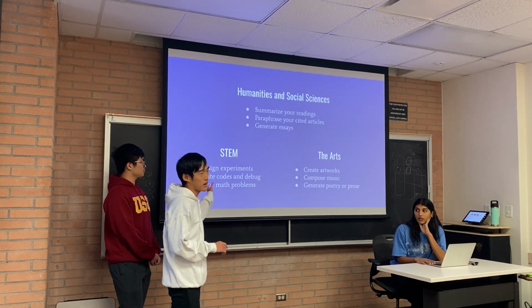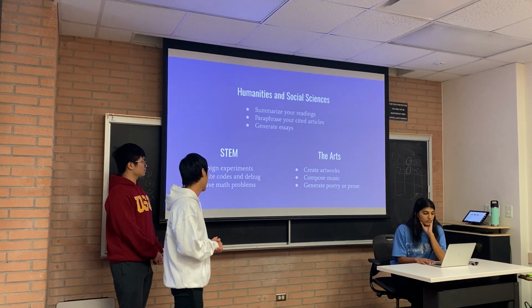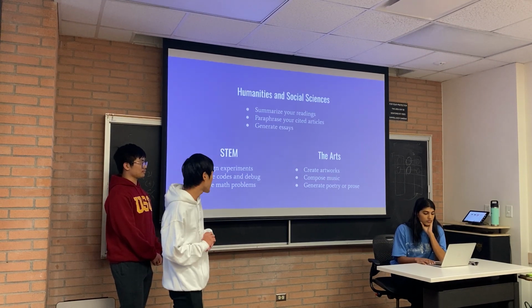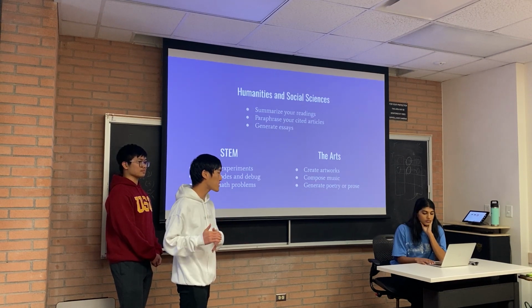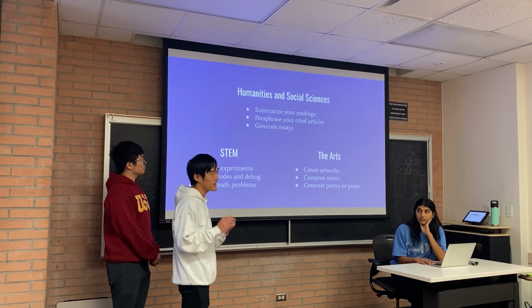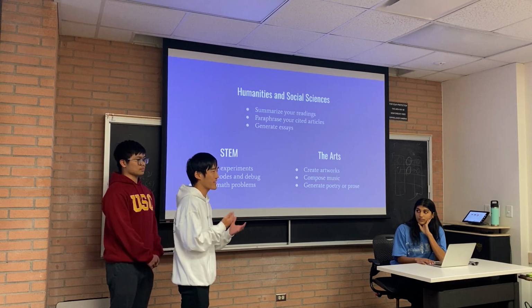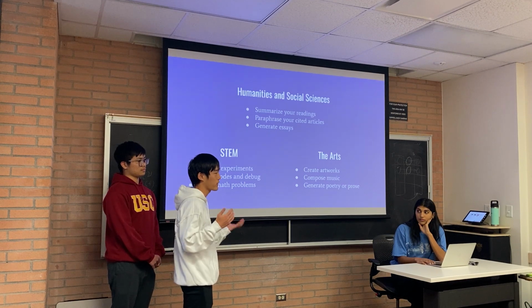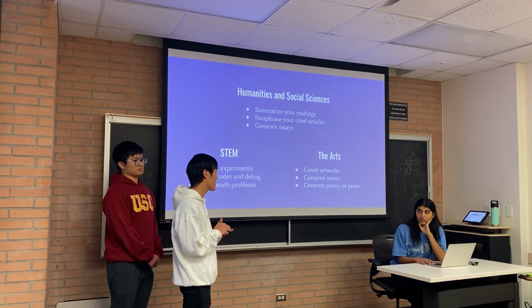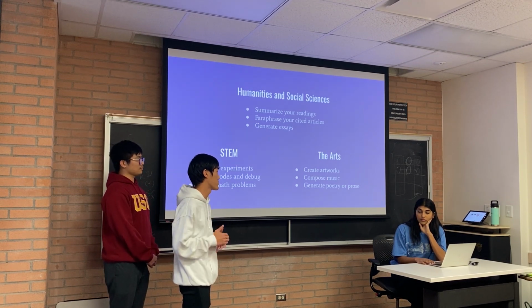It could be used to write code and debug, and you can also solve your math problems. And in the arts, it could be used to generate artworks or even compose music. These disciplines traditionally depend on human creativity, but AI might be taking over right now.